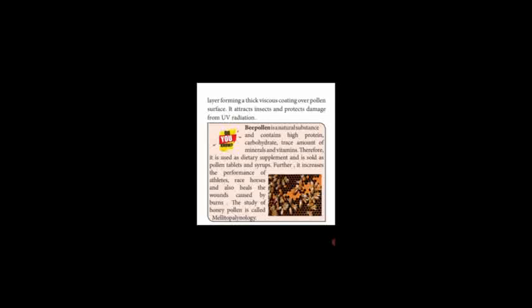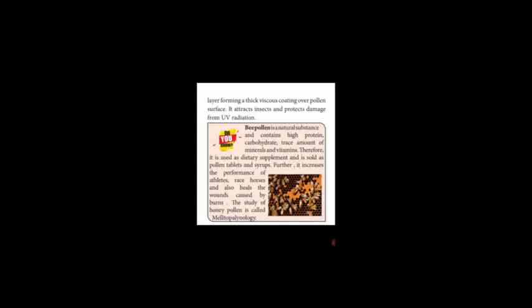What is bee pollen? What are all the uses of bee pollen? It is a natural substance. It contains protein, carbohydrate, and trace amounts of minerals and vitamins. It is a dietary supplement and is sold in the form of pollen tablets and syrup.